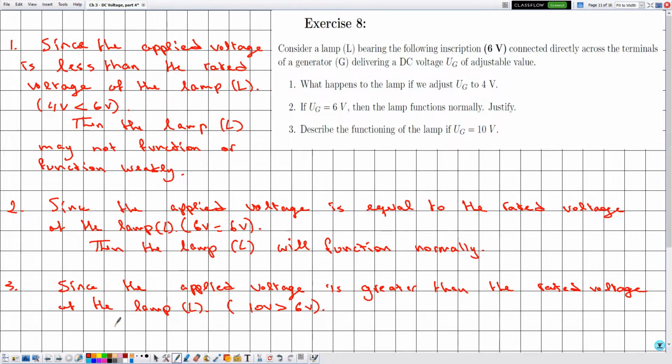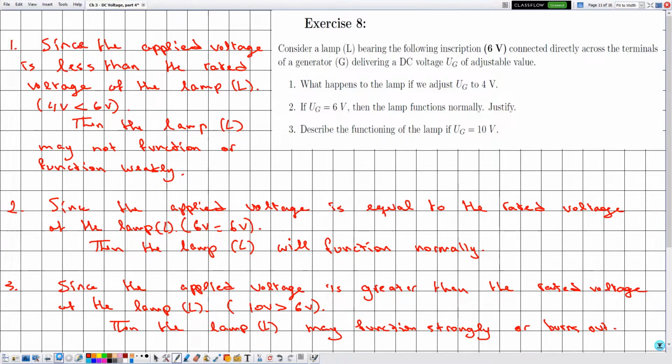Then in this case, the lamp L may function strongly or burn out. Then this is it for exercise number 8.